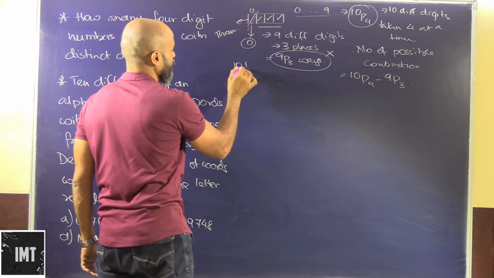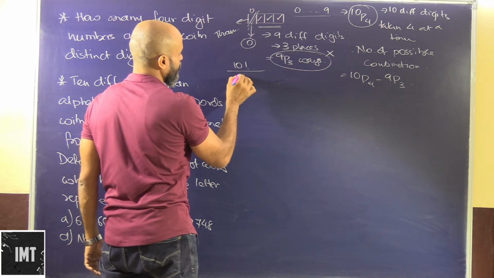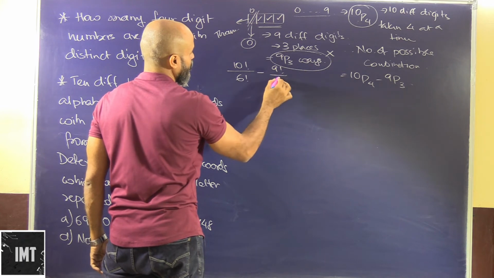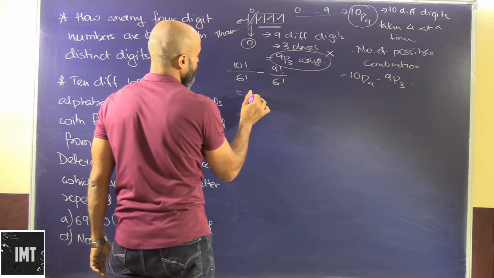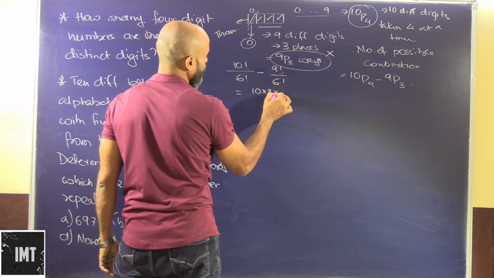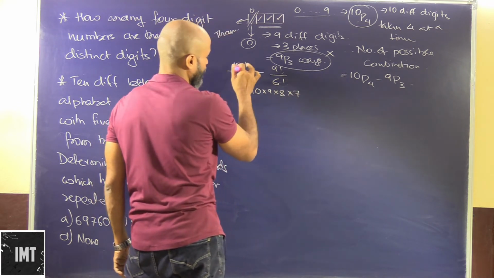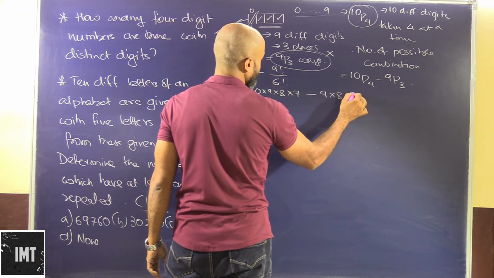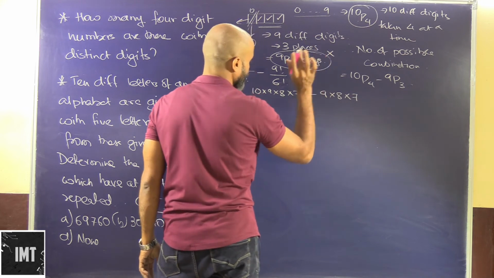So we have to calculate factorial 10 upon factorial 6 minus factorial 9 upon factorial 6. So this will be 10 into 9 into 8 into 7, factorial 6 gets cancelled, minus 9 into 8 into 7, and factorial 6 gets cancelled.